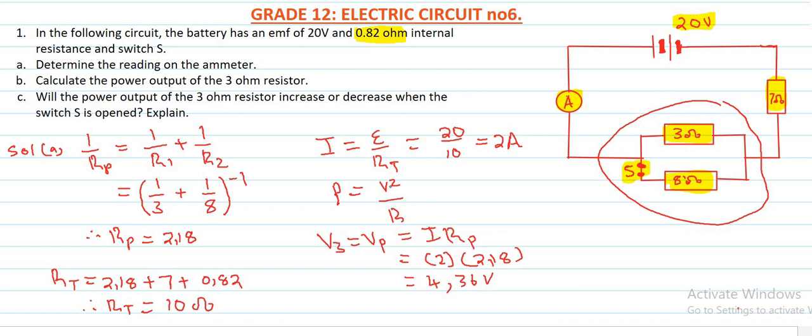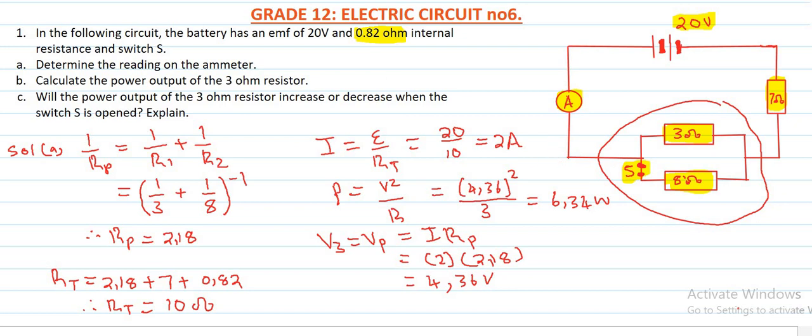The power, I said, is given by V squared over R. The voltage through the 3 ohm resistor will be 4.36 squared divided by 3. Therefore, the power will be 6.34 watts. This is the power that flows through the 3 ohm resistor.